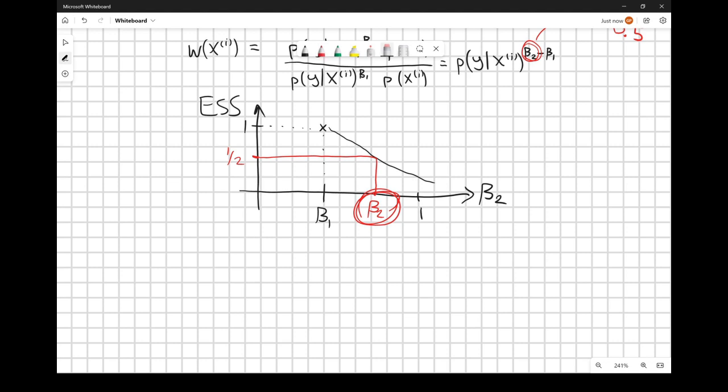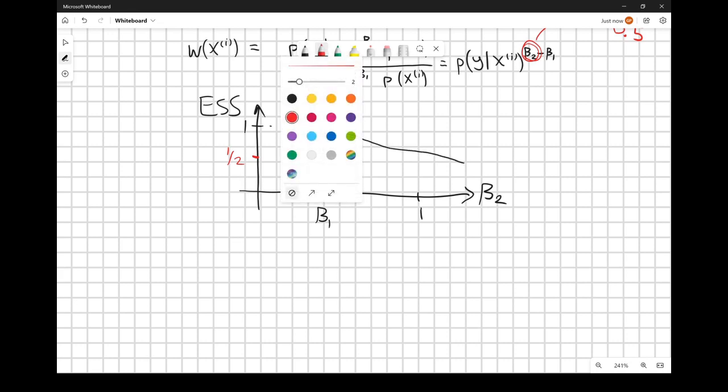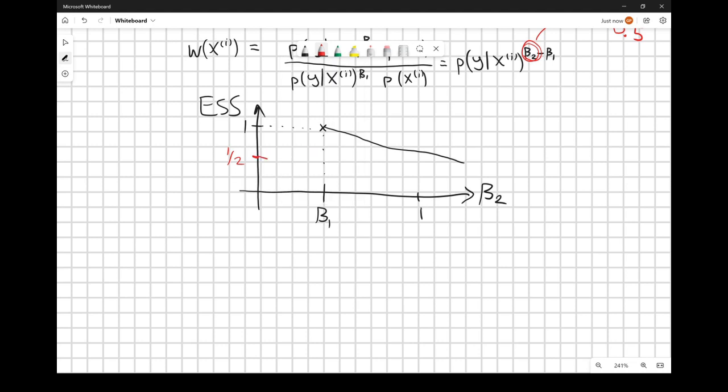So the key thing to note there is that if I come up with a new example graph, if the graph happened to look like this, and this requirement for the effective sample size actually takes us beyond 1, then we just set our new beta value equal to 1, because we don't want to go beyond that. When beta is equal to 1, then we're targeting the full posterior and our algorithm can finish.